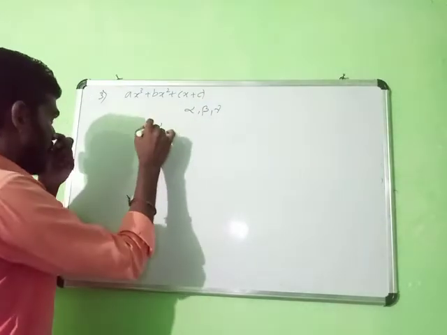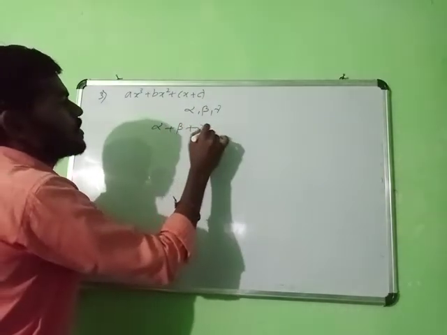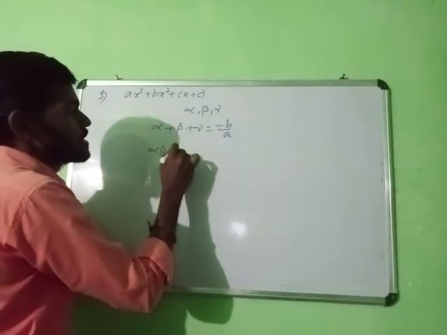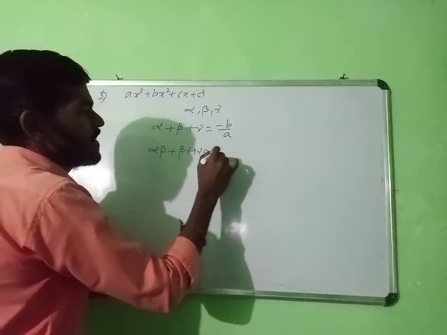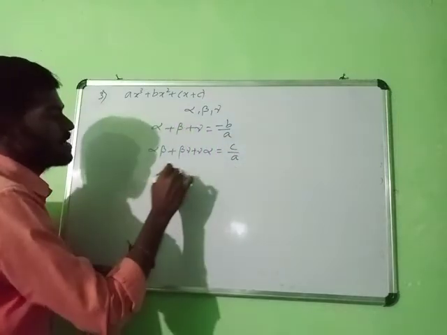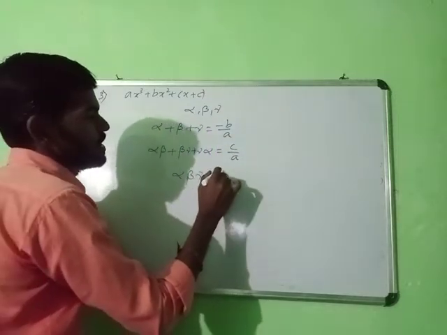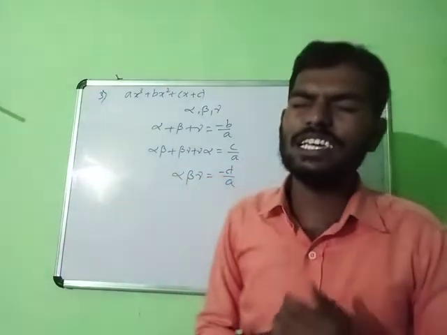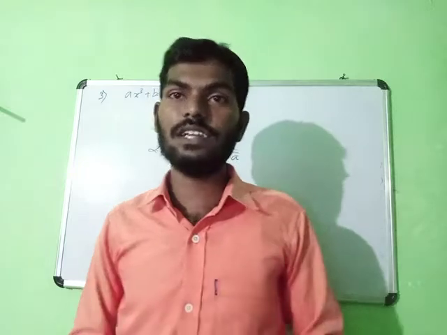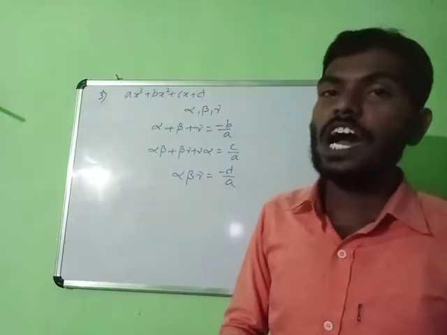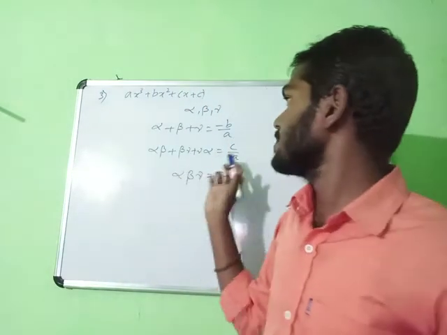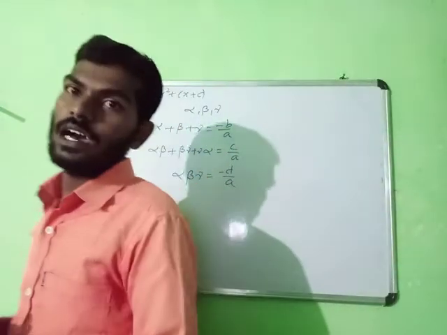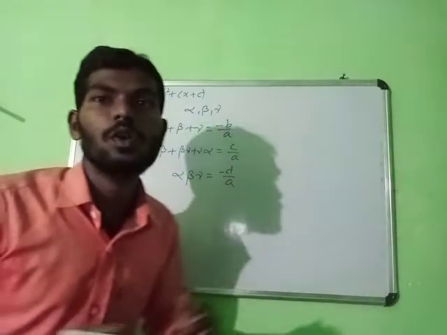Then the formulas are: alpha plus beta plus gamma equals minus b by a; alpha beta plus beta gamma plus gamma alpha equals c by a; and alpha beta gamma equals minus d by a. These are the three formulas for the zeros of a cubic polynomial.